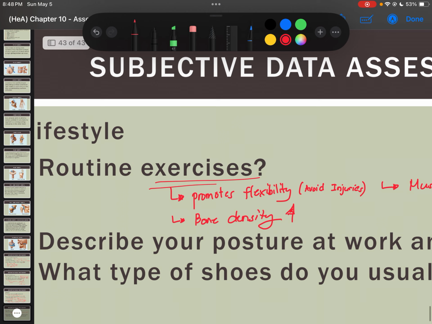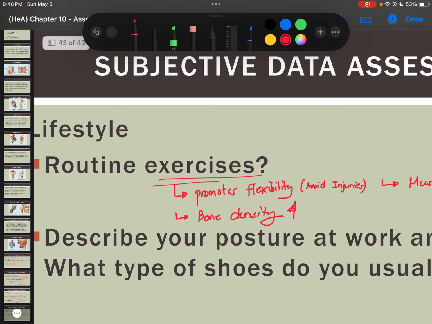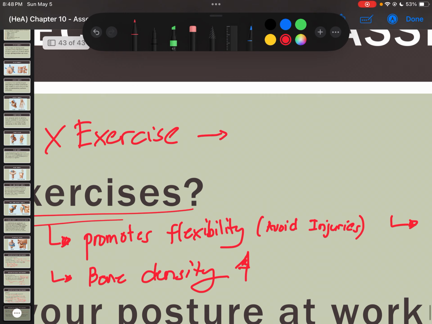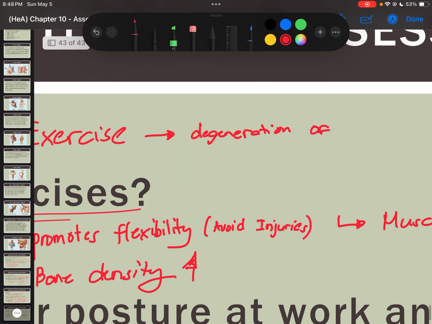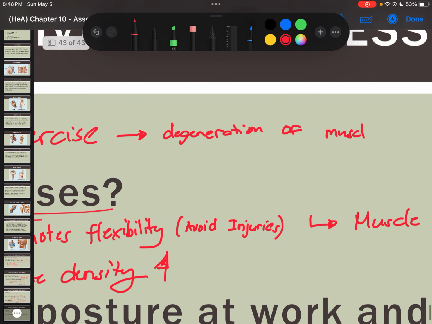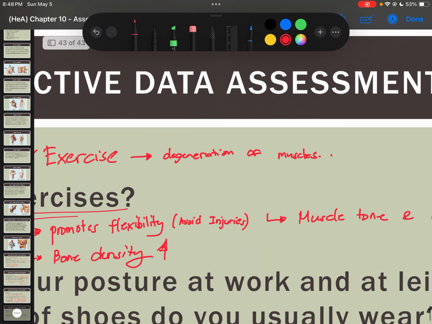Now, why do we have to ask them about this? Because if the patient does not exercise, it could lead to degeneration of their muscles, otherwise known as atrophy. The muscles become smaller.